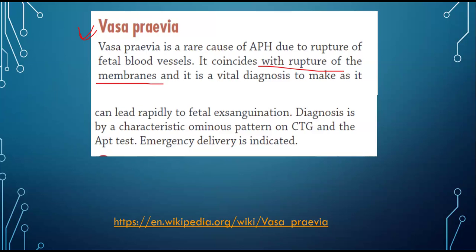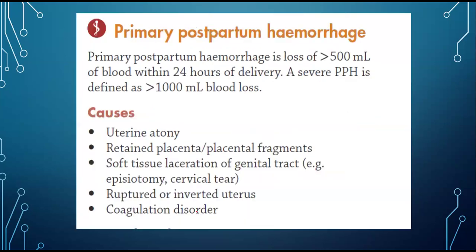The baby's scalp has blood vessels, so the baby will present with bleeding. It coincides with the rupture of membrane. So if there is a bit of PV bleeding with the rupture of membrane because of rupture of a fetal blood vessel, that's what we call vasa previa. In this patient, you will need an urgent C-section. Not very important for exam. If you want to know a little bit more, you can go through this guideline.